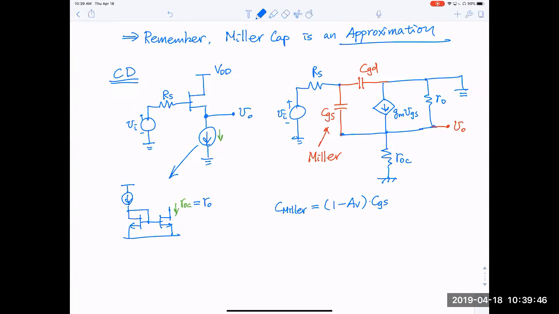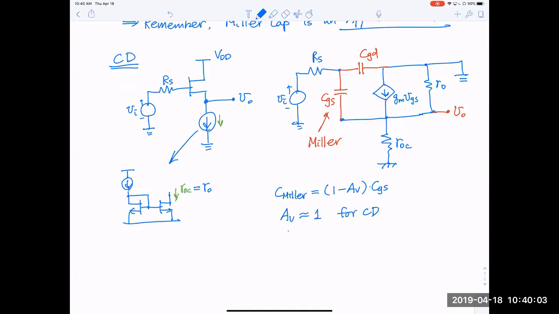Unity. It's slightly less than unity, but almost unity. So AV is almost 1. It's always less than 1, but very close to 1 for a common drain amplifier, which means C Miller goes to 0. That's a nice gift for this amplifier.